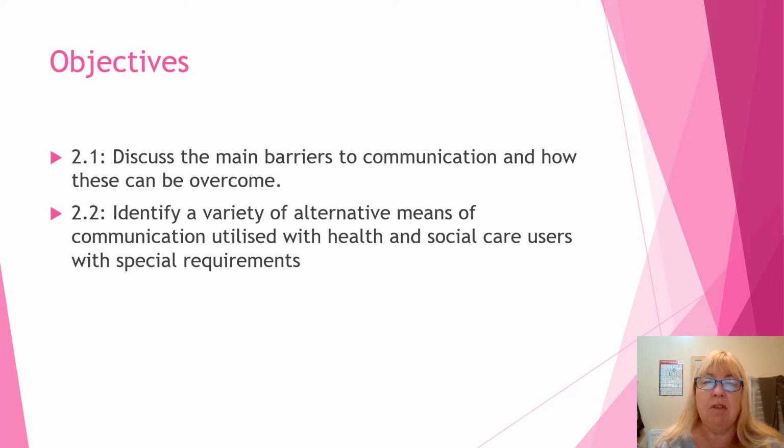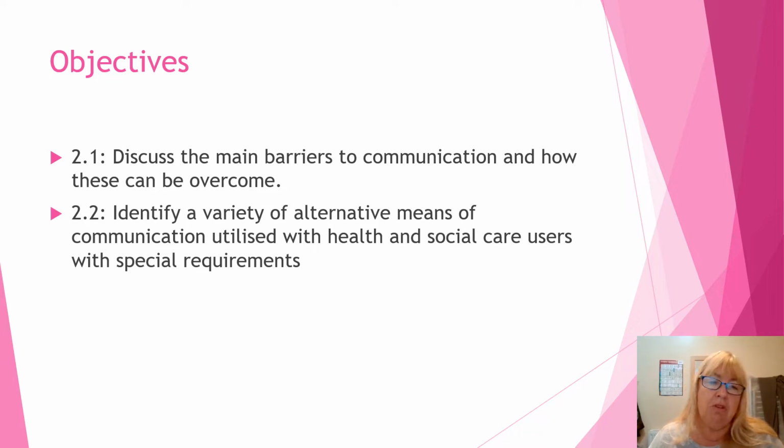The objectives of this part are to address criteria 2.1 and 2.2. 2.1 wants you to discuss what some of the main barriers to communication are and how these can be overcome.